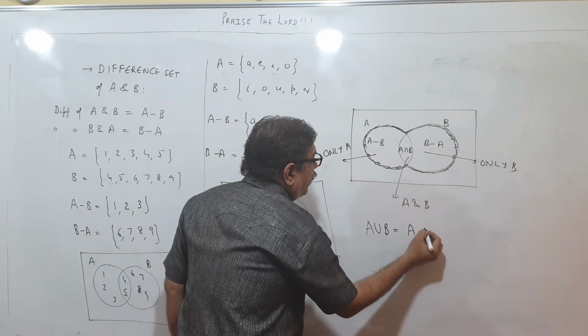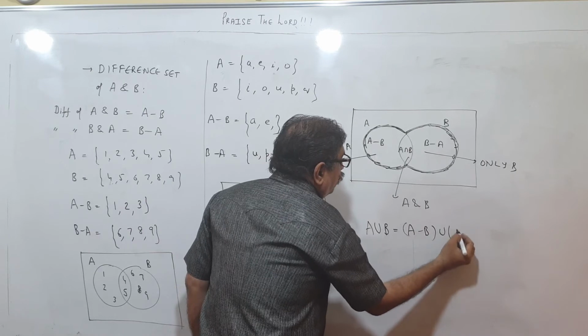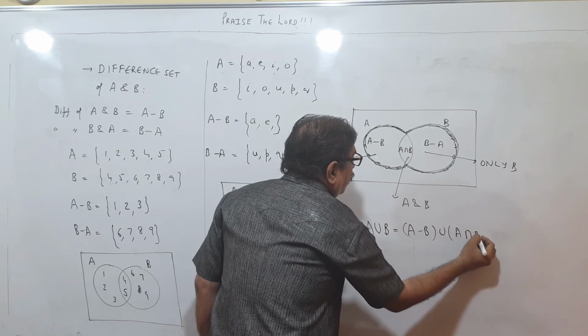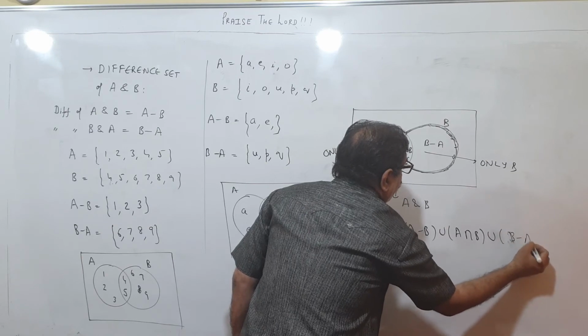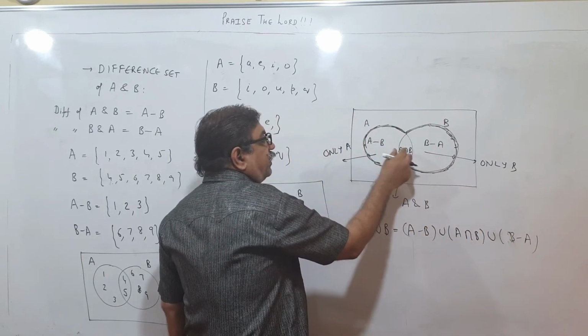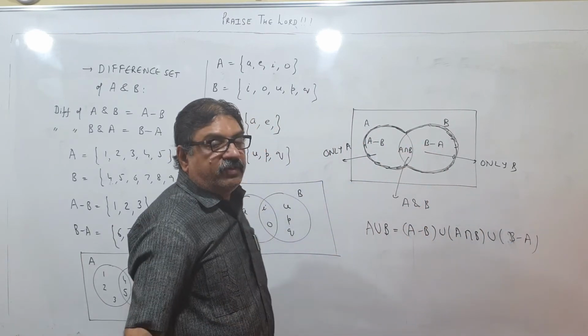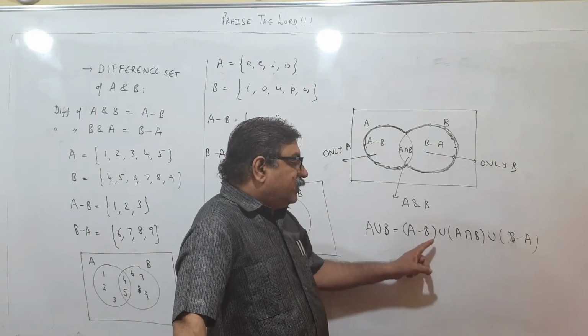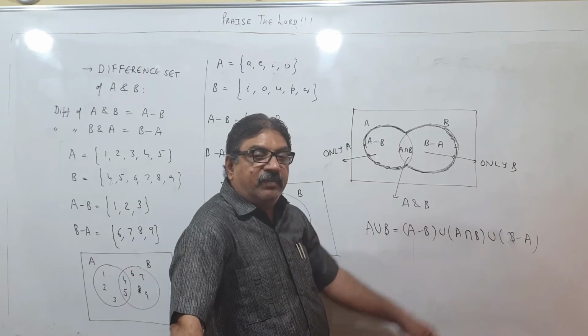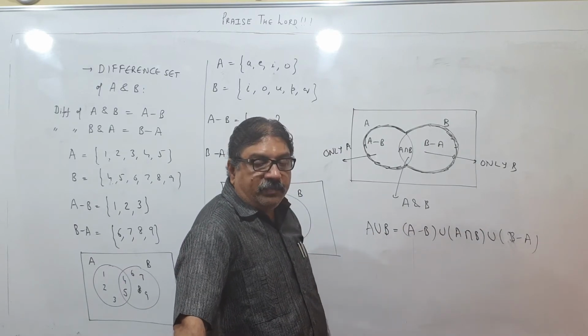That means it will be A minus B union A intersection B union B minus A. Only B. This plus this plus this. We don't say plus in set theory. Instead of saying plus, we use union. The A minus B union A intersection B union B minus A. That is full A or B.